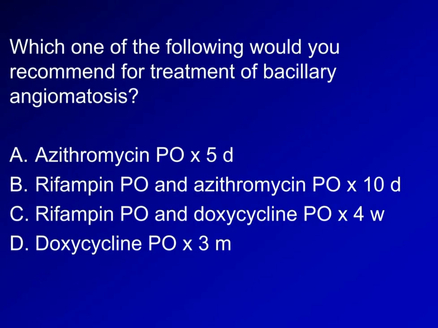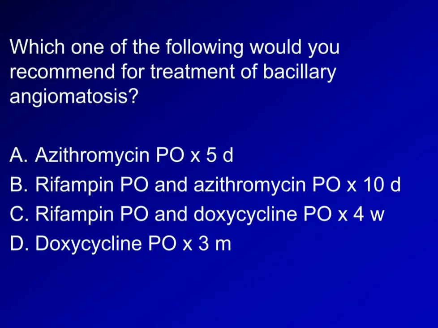All right, here is the question. How do you guys want to treat this thing? It's just for cat scratch. So you're saying A is correct? No, that's just for simple cat scratch. A, B, and C are all right for something, but they're not right for this. So D, correct.